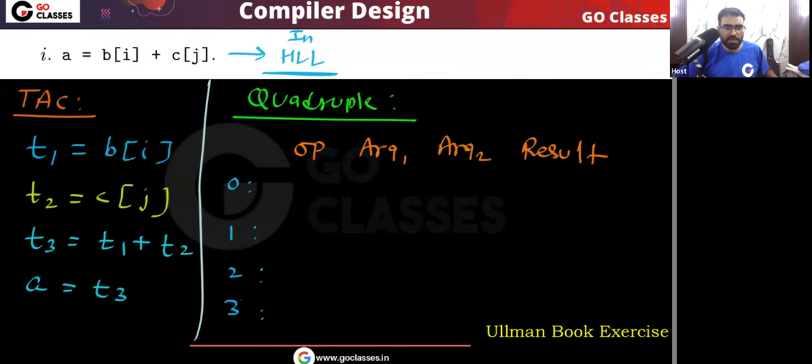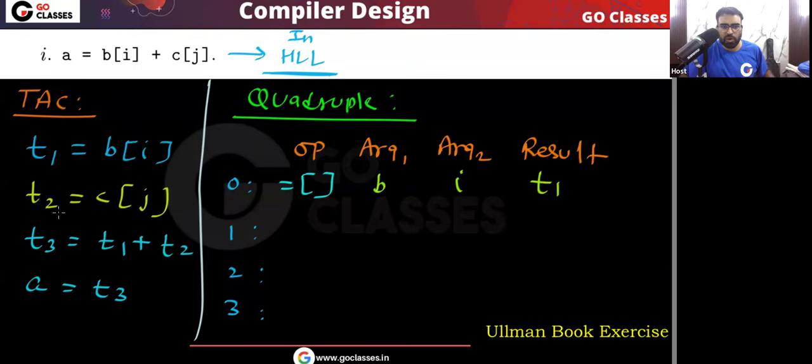Corresponding to the first instruction, the operator is the bracket on the right side of the assignment. The arguments are b comma i, and the result we store in t1.